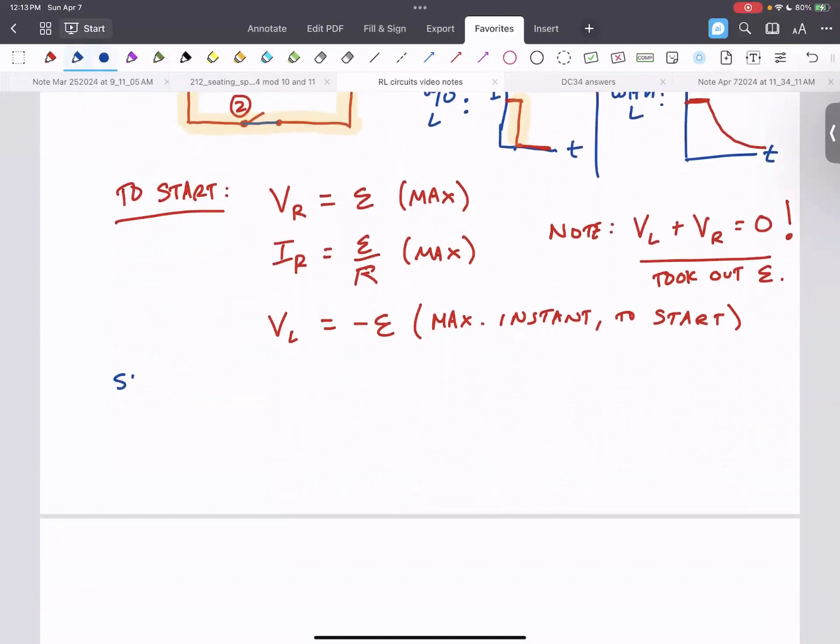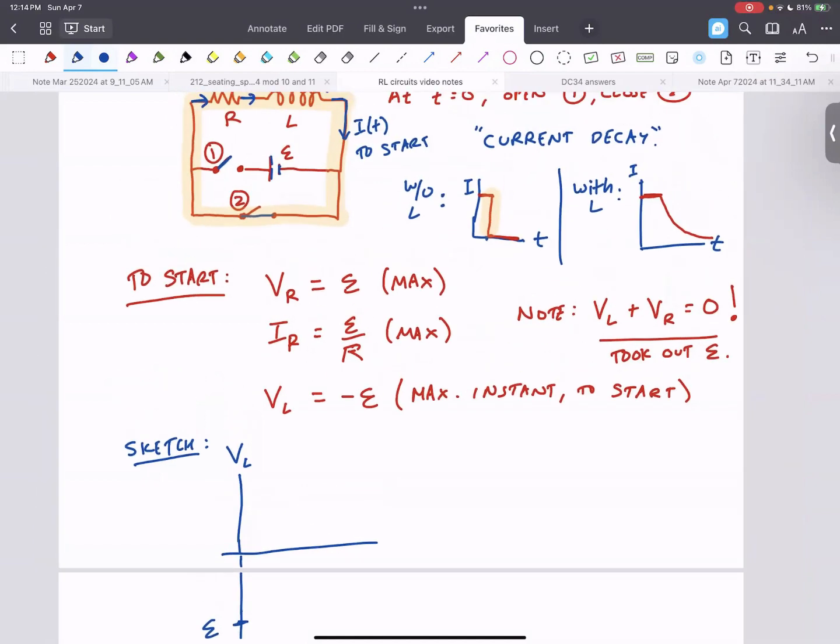So let's go ahead and sketch these. We can sketch our V sub R, and I'll do it in the same order I did before. So let's start with our VL as a function of time. We're going to go on to our next page because our VL comes all the way down to the negative E. And then eventually what happens is the current does stop.